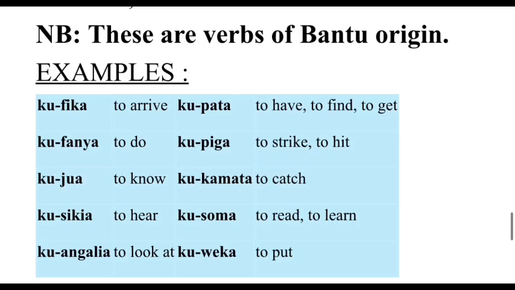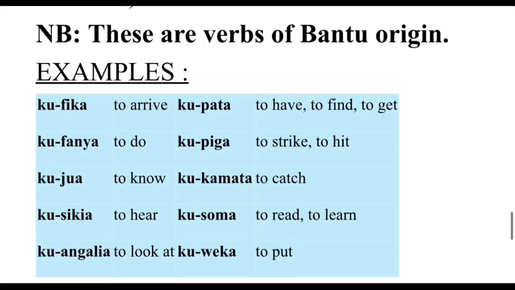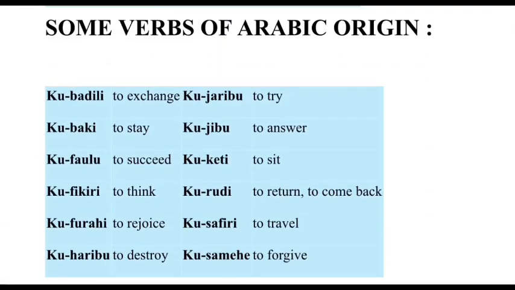They will usually end in e, i, or u. The table below shows some verbs of Bantu origin. You will see that these verbs end in a. Then below are verbs of Arabic origin. You will see that they end in any other vowel apart from a.